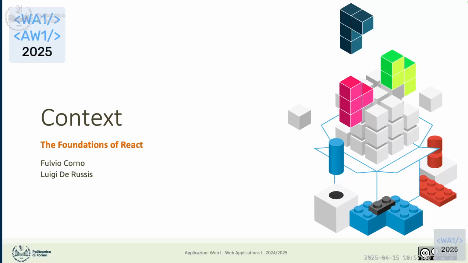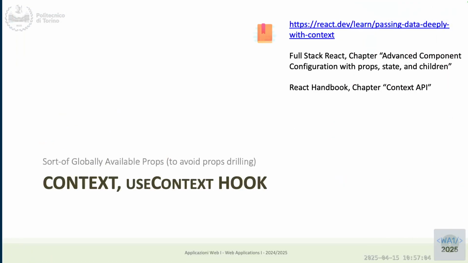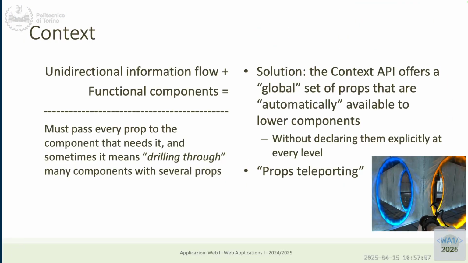Context is another set of features of React that will help us to more easily share some state variable that is generally useful or should be generally available. So what we already saw is that in many cases we need to replicate some property down and down through different sets of components, so drilling down the component tree to bring some value to the component that needs it.